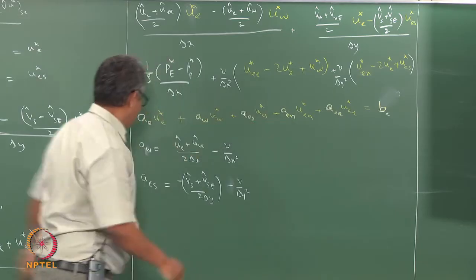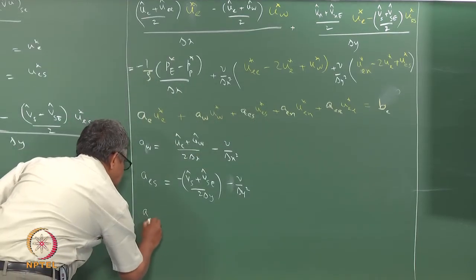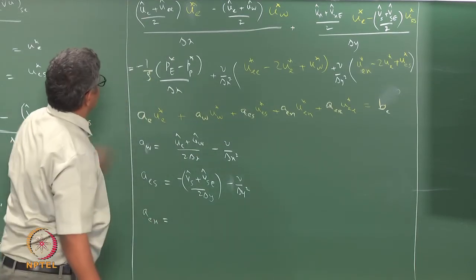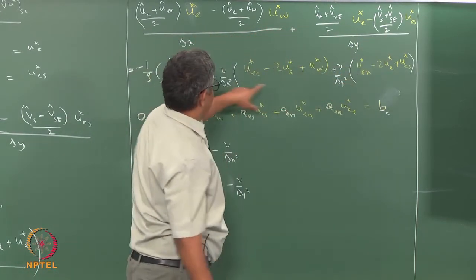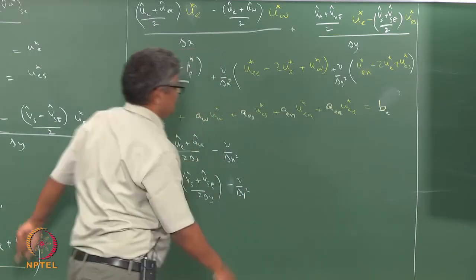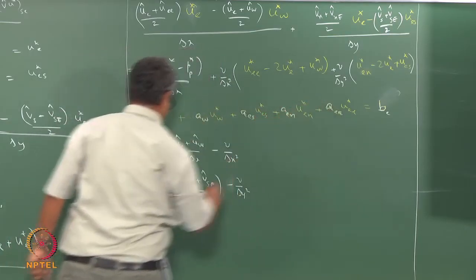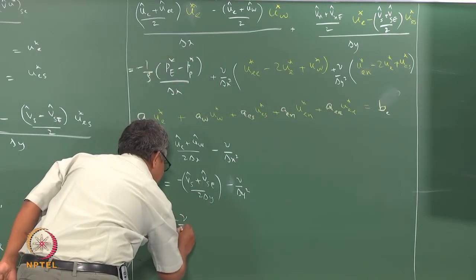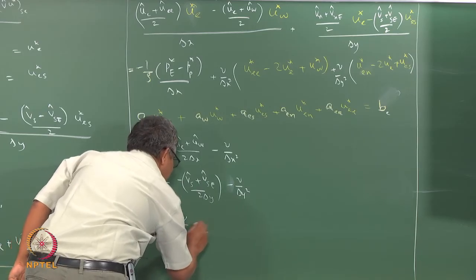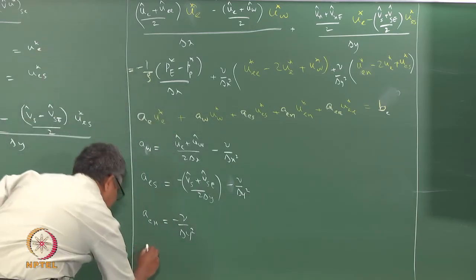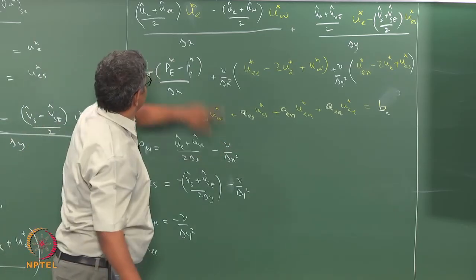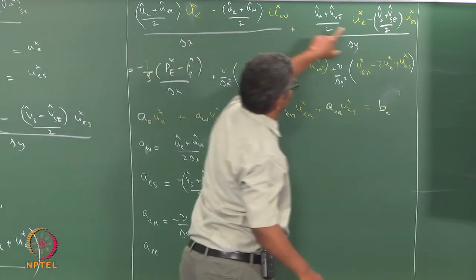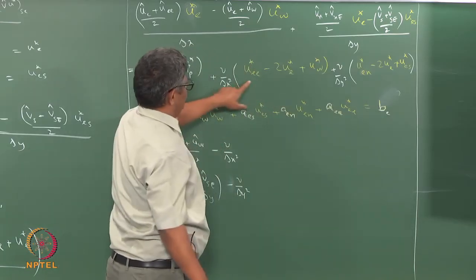And similarly AEN, it is not here, not here, not here, not here, it is only in this, and it is coming on the right hand side. So this will be minus nu by delta Y square, and AEE, that is this one, not here, not here, not here, it is only here.